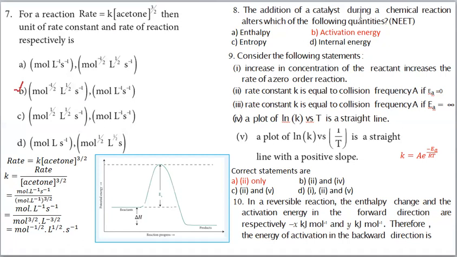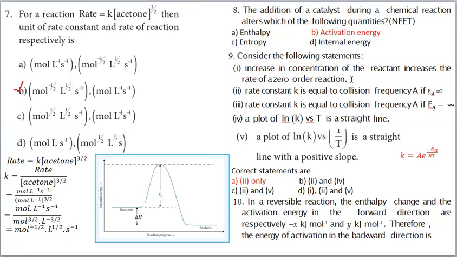The addition of a catalyst during a chemical reaction alters which of the following quantities? Activation energy will decrease. Consider the following statements. Increase in concentration of the reactant increases the rate of a zero order reaction.